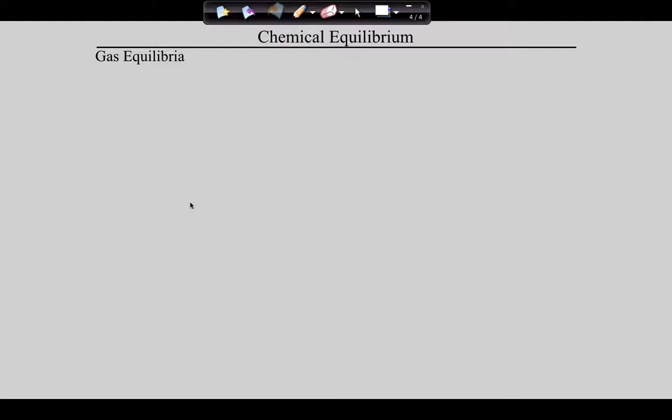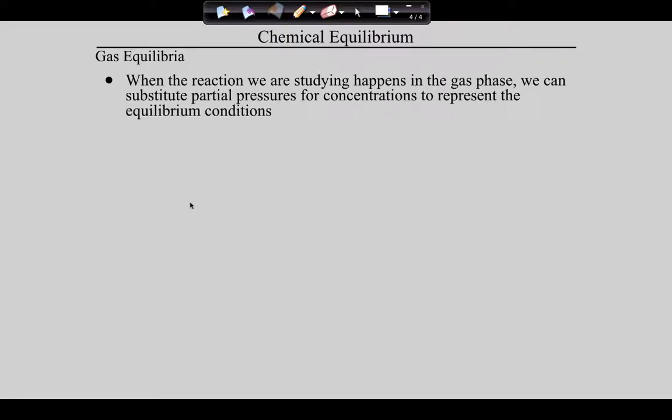When we talk about Kc values, we're talking about concentrations at equilibrium, right? Well, it turns out that we can also study gas phase reactions. Can you imagine the Haber process? Nitrogen is a gas. Hydrogen is a gas. NH3, interestingly, is also a gas until we dissolve it in water.